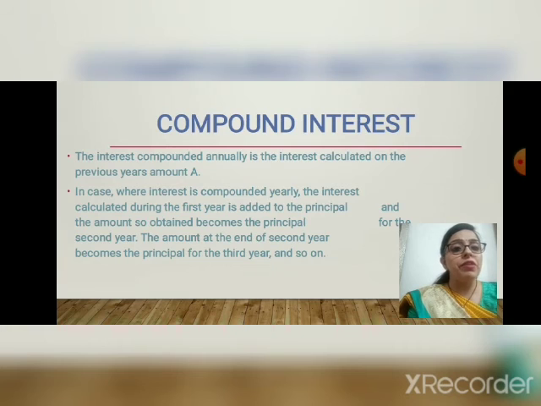Where interest is compounded yearly, the interest calculated during the first year is added to the principal, and the amount so obtained becomes the principal for the second year. It means the first year principal is not the second year principal. The amount at the end of the second year becomes the principal of the third year and so on.